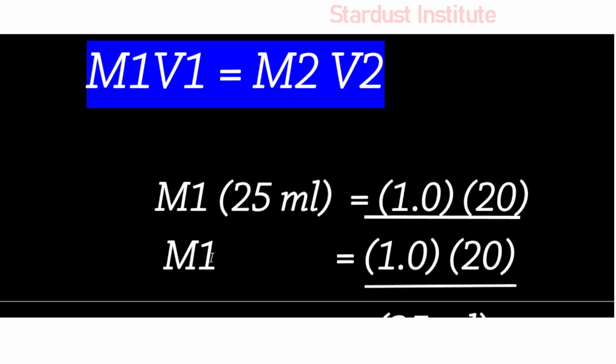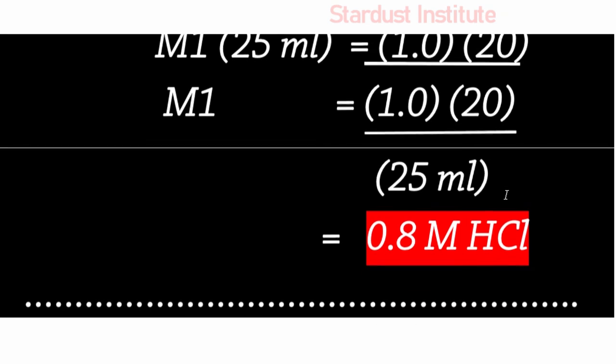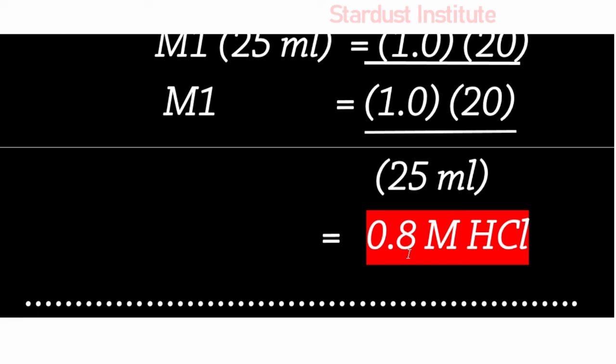Therefore, we have to isolate M1 on the left hand side of this equation. Then 25 goes to the right hand side in this way. Now we can get the answer by simplifying this. We get 0.8 m HCl. The molarity of the HCl solution is 0.8.